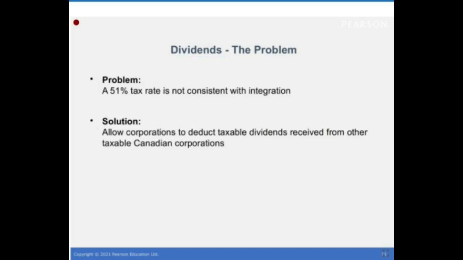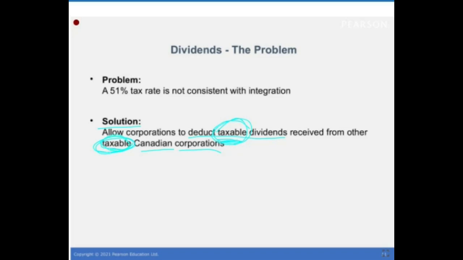So the solution so that that doesn't get double taxed is to simply allow the corporations to deduct, this is important, taxable dividends, meaning they've already been taxed. So taxable dividends received from other taxable Canadian corps.